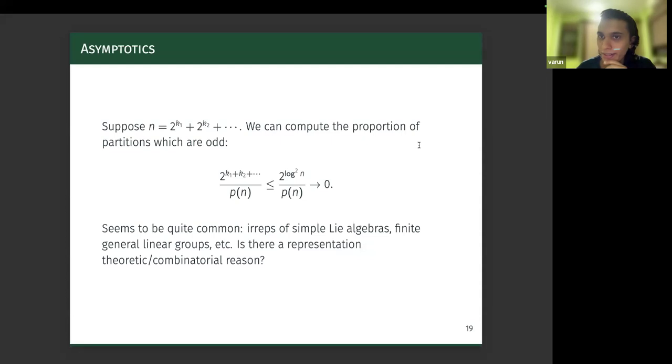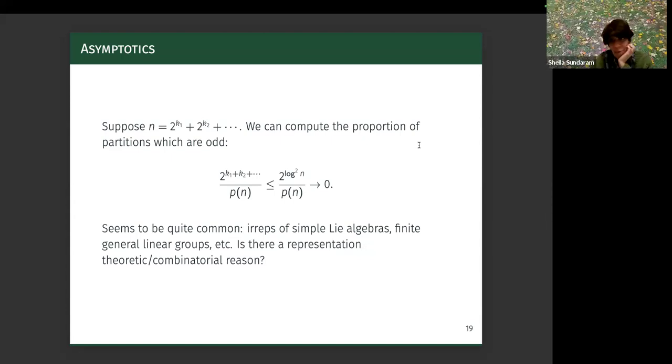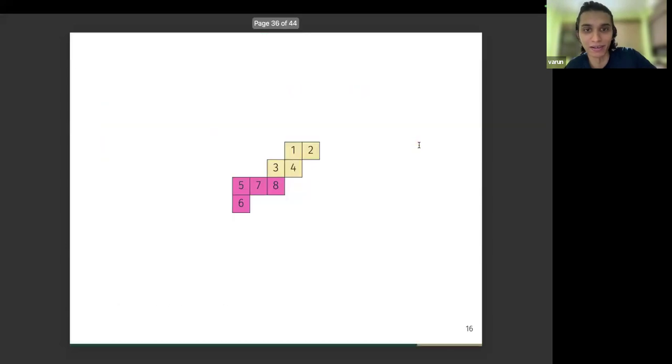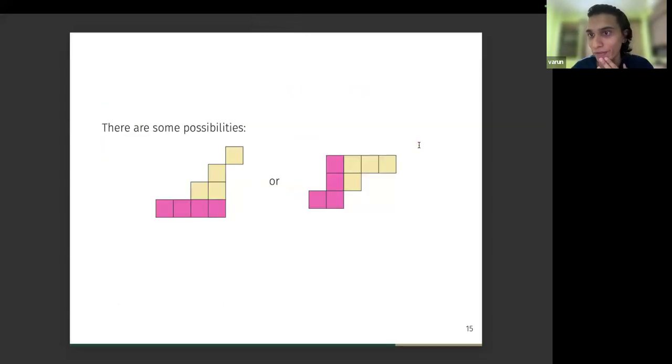I've not tried that yet. What you're basically doing is dividing it up into border strips or rim hooks, whatever. True. So yeah, this particular thing is something that I've not really spent a lot of time thinking about.